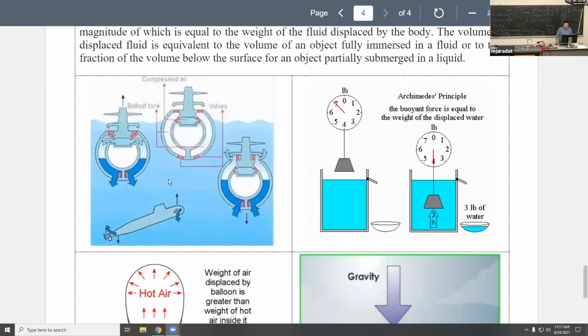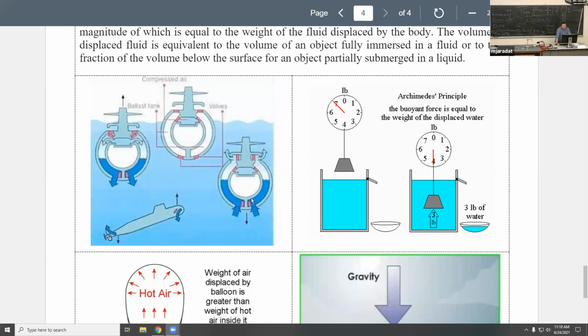If we control the overall density of the object, as you see here in the submarine, if we remove all the water from the reservoir, it will be just filled with air. Because of that, there is a buoyancy force upward more than in the case where there is water inside it and its density is more.